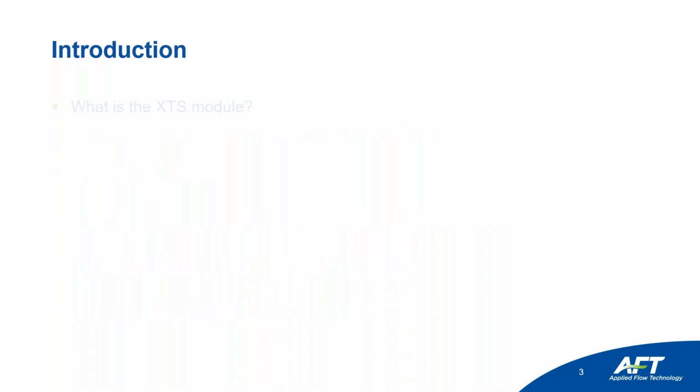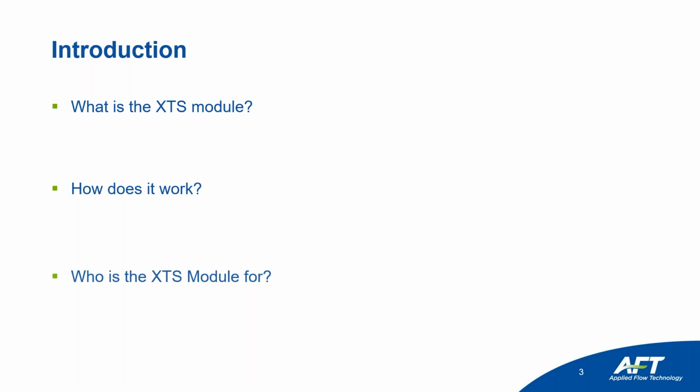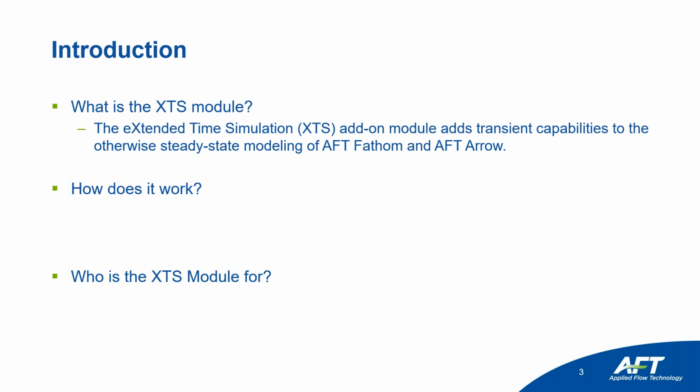As an introduction, we'll take a look at one, what is the XTS module? How does it work? And then finally, who is the XTS module for? As I mentioned, XTS stands for Extended Time Simulation, and it's an add-on module that goes on top of the base program. So if you own AFT Fathom, or if you own AFT Arrow, you can purchase the XTS module to unlock these specific transient capabilities.